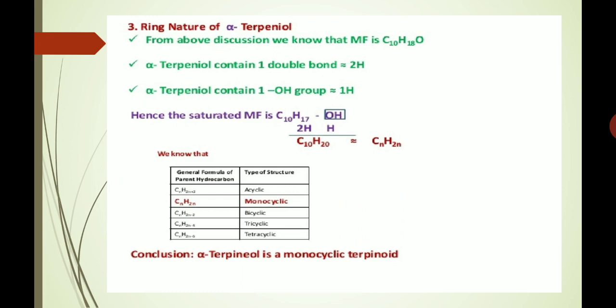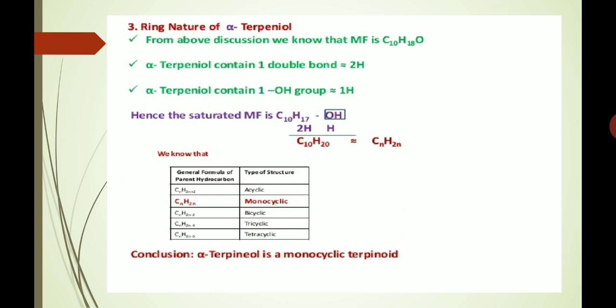So we can see here that we add two hydrogen atoms for a double bond and one hydrogen atom to remove the OH group. So on removing the OH group there is no net addition of hydrogen atoms, because the OH group also contains one hydrogen atom, and if we replace it and add one hydrogen atom, that means no net addition of hydrogen atoms.